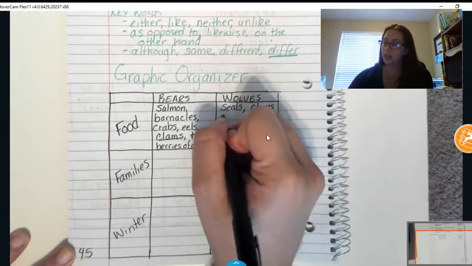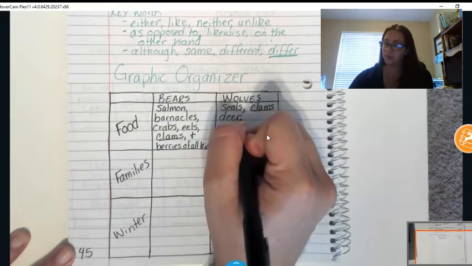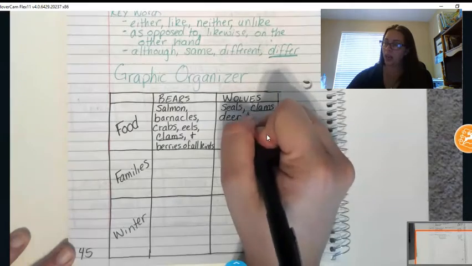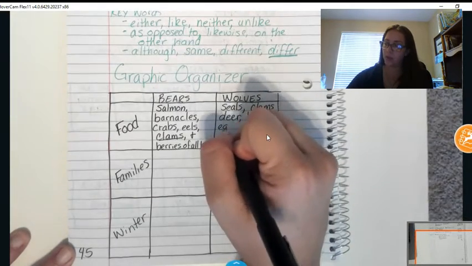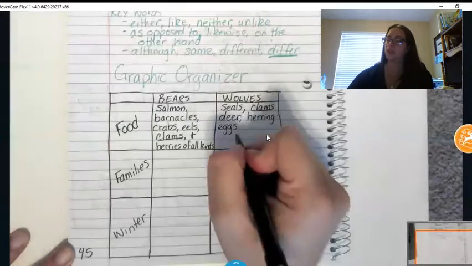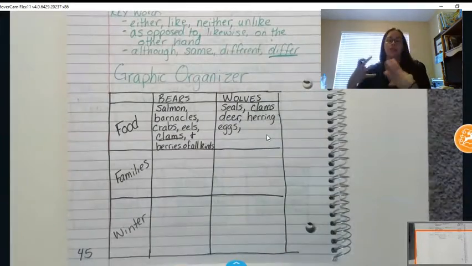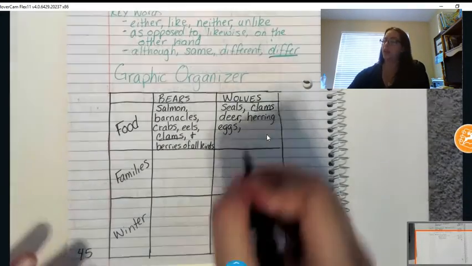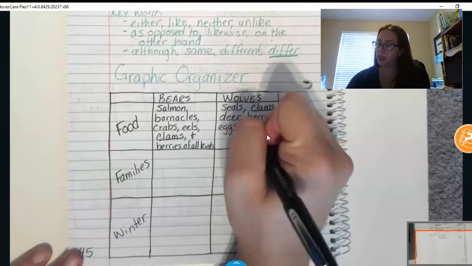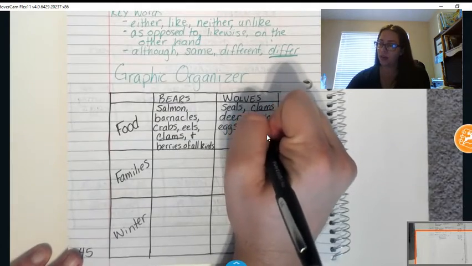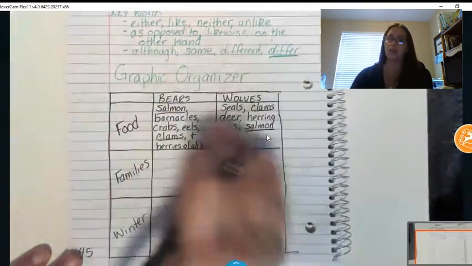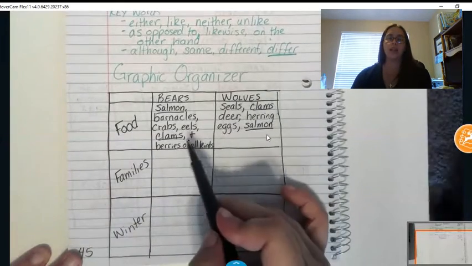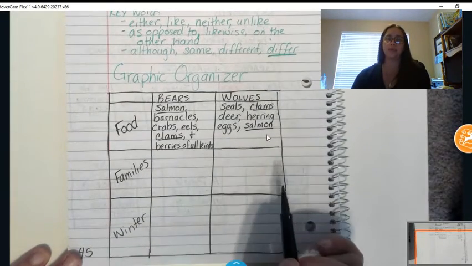Wolves will eat deer, herring eggs. If you remember, herring eggs are those ones where the wolves bite into it, it snaps and it crackles. And then wolves will also eat salmon. So that's another thing that the bears and the wolves have the same. They both eat clams and they both eat salmon.